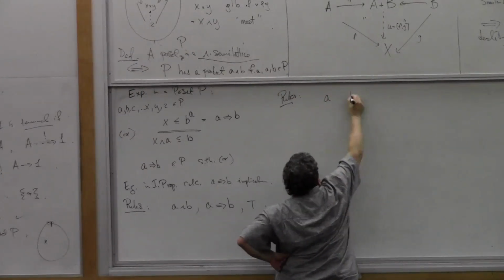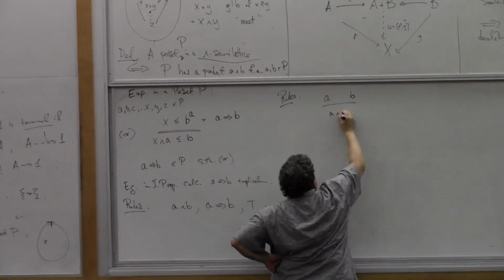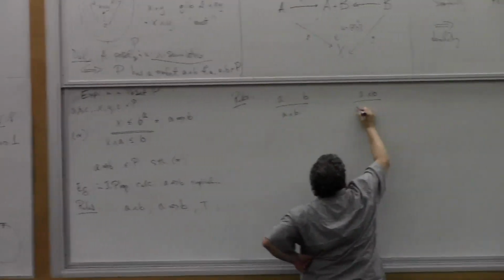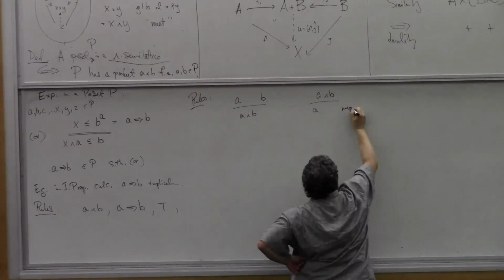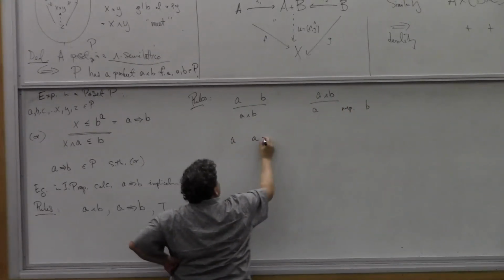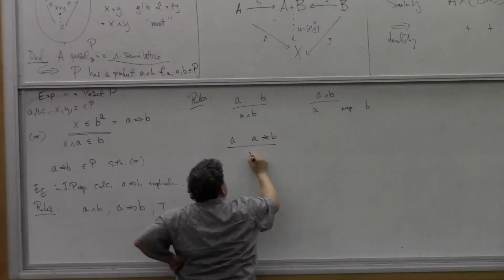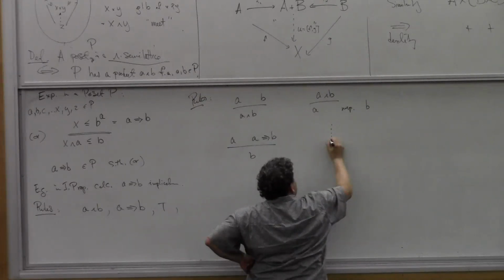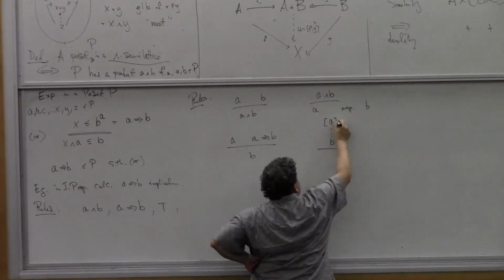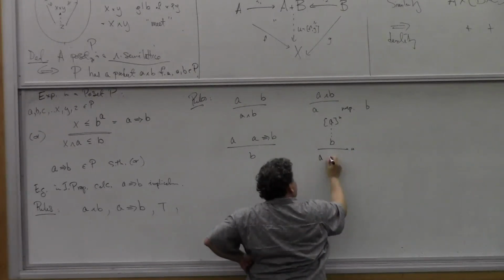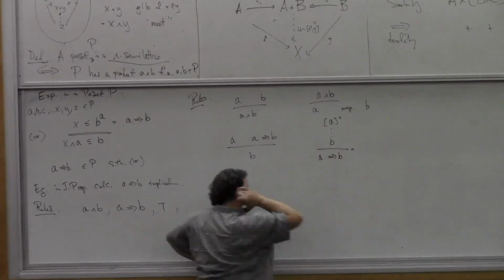So if we have A, and we have B, then we can infer this. And if we have this, then we can infer this, respectively, this. And if we have A, and we have A arrows B, then we can infer B. And if we have a proof of B coming from a hypothesis A, then we can cancel the hypothesis, the assumption there, let's label it U, and we can get A arrows B without any assumptions.